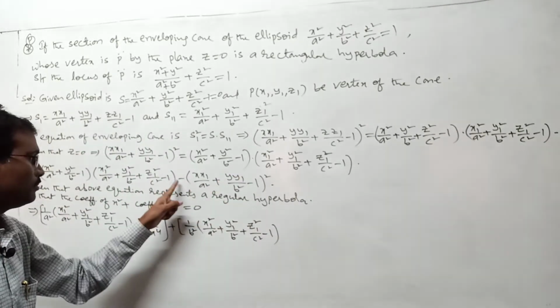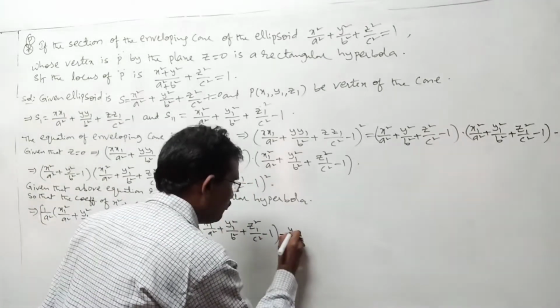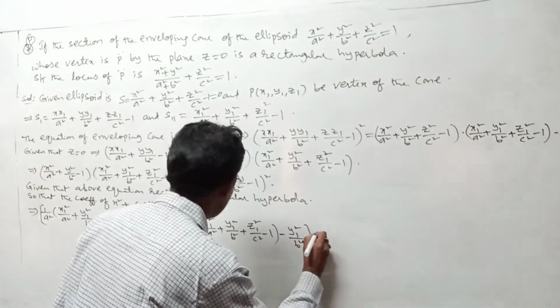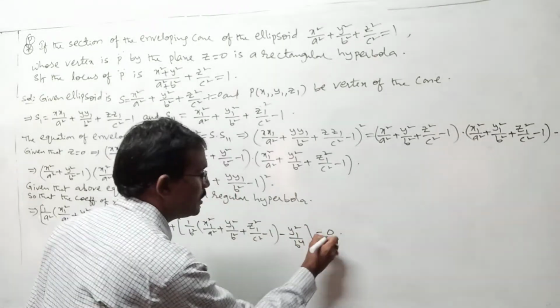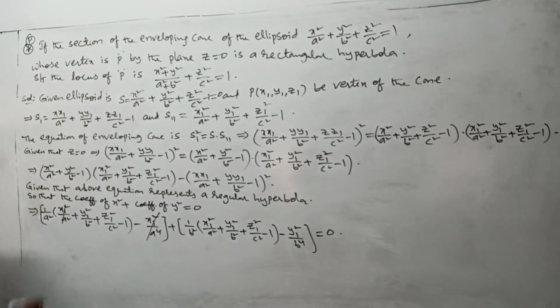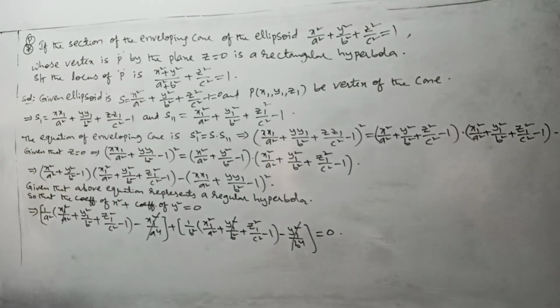This term minus this b square term, minus y1 square by b power 4, is equal to 0. Any problem, no? Now here this and this get cancelled. Here also this and this get cancelled, right? The remaining result, write down properly.